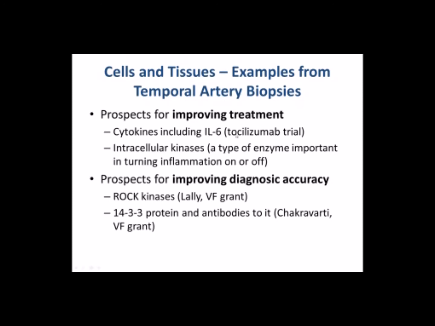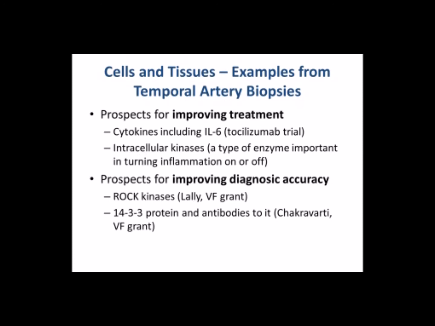It won't be the last study. You then have to go on to find the best way to use it if it's positive. Another thing has been the study of kinases. It would take me a long time to explain what kinases are, but these are a type of enzyme in the cell that go through a cascade of activation and deactivation that lead to telling a cell essentially what to do.